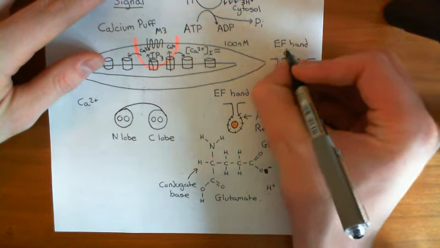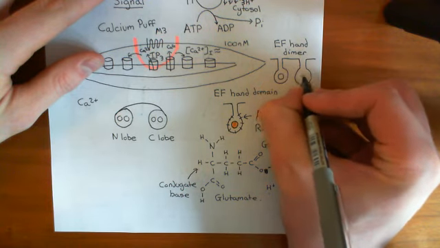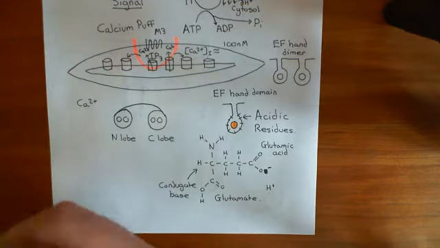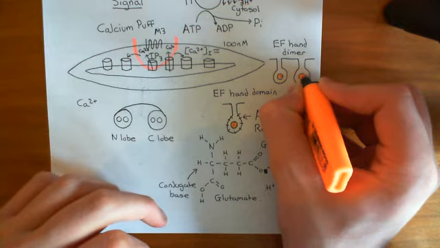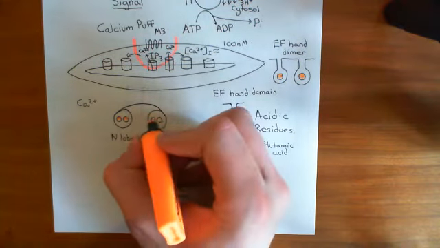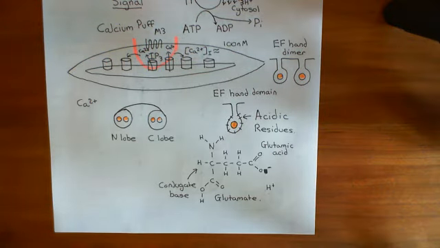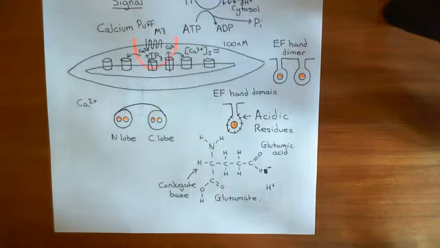And that means that these EF hand dimers combine two calcium ions overall. So one here and one here. So that's what these two lobes of calmodulin have, basically. They have these EF hand dimers where you can bind two calcium ions. So each lobe of calmodulin has an EF hand dimer.